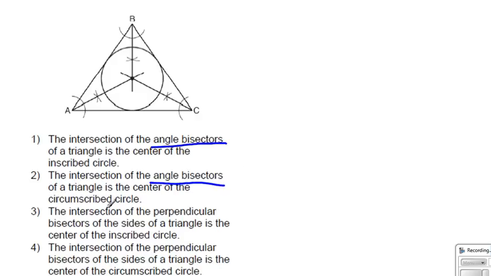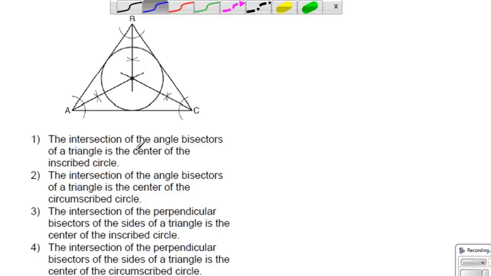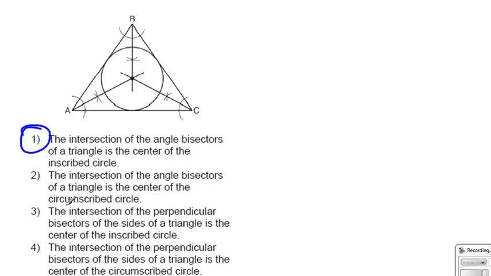Intersection of perpendicular bisectors, no. Intersection of perpendicular, no. So we're looking at the first two choices. But the intersection of the angle bisectors of a triangle is the center of the inscribed circle. You see the circle has been inscribed. So our answer will be choice number 1, not number 2, because a circumscribed circle would have been a circle on the outside, and that's not the picture that we see here.